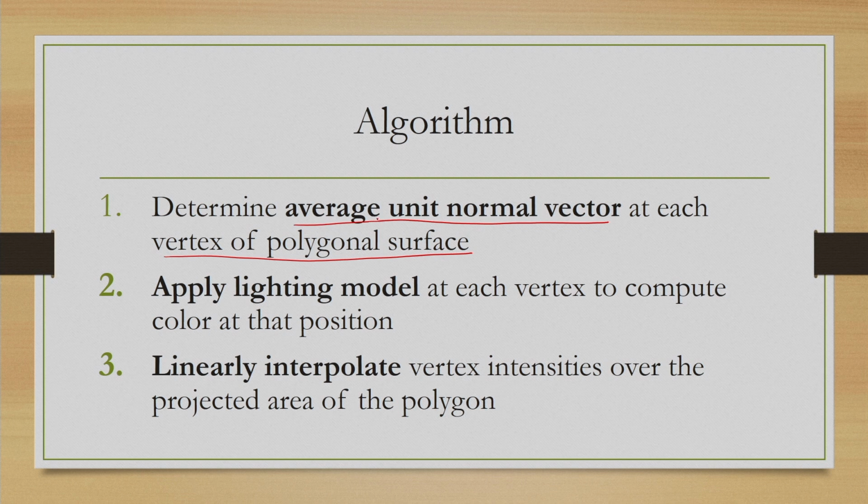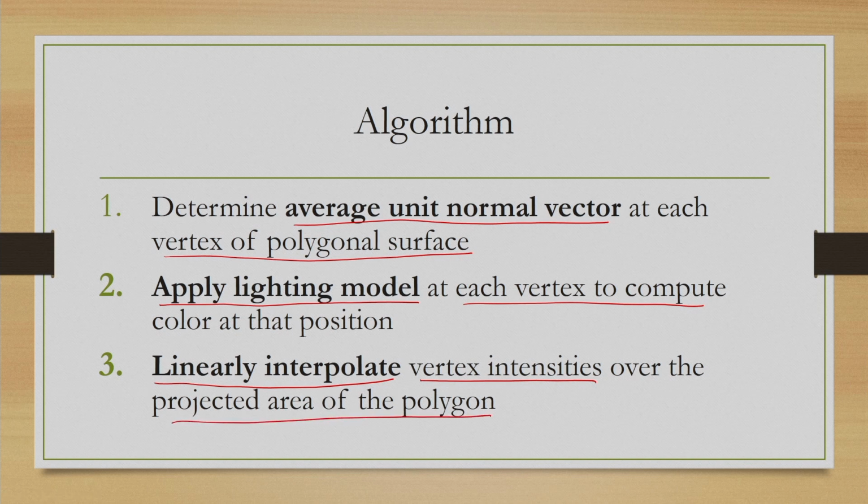We will soon see what we mean by average unit normal vector. Then, using that vector we compute color by applying a lighting model at each vertex of the surface. Then we linearly interpolate the vertex intensities over the projected area of the polygon.